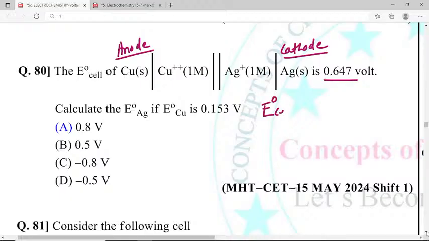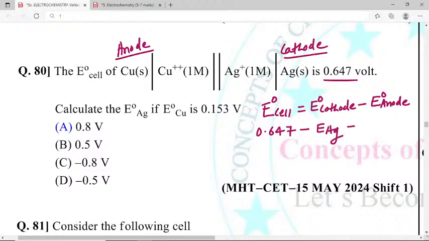So E naught cell is equal to E naught cathode minus E naught anode. E naught cell is given, 0.647, minus E naught cathode silver, which we have to calculate, minus E naught anode.